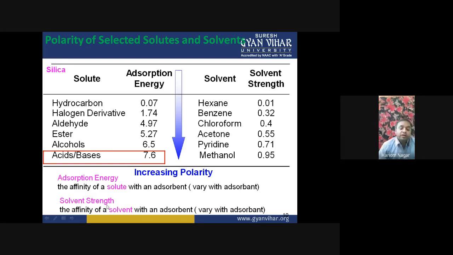This is a very important term, and it is asked in many competitive exams. What do you mean by the strength of the solvent? Strength means its affinity to react with or bind to the adsorbent, meaning the stationary phase.